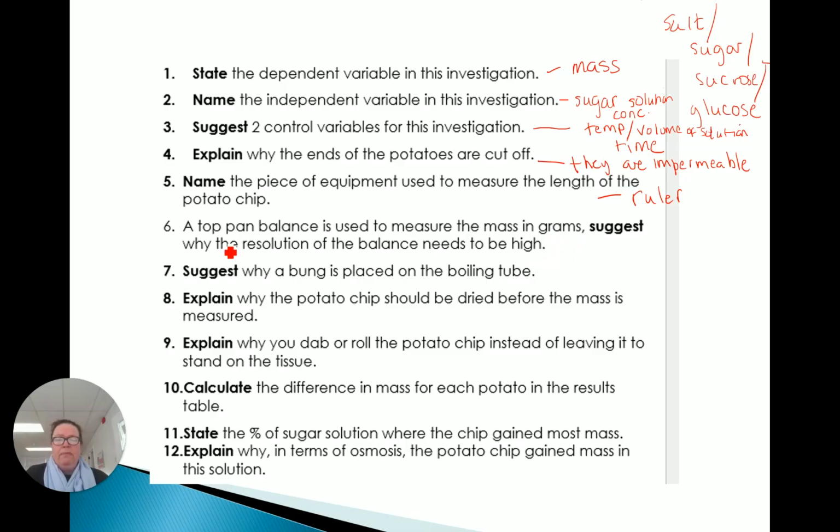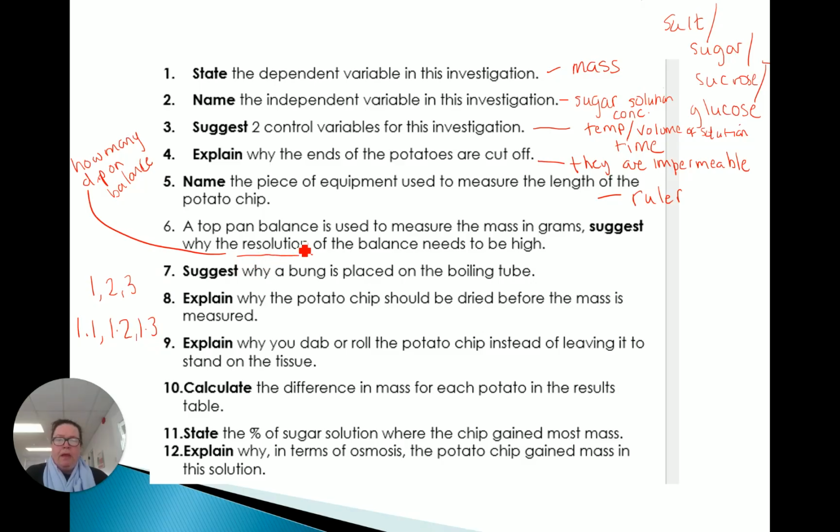Suggest why the resolution of the balance needs to be high. Now, if you're not sure what resolution is, it's basically how many decimal places there are on the balance. The higher the resolution, the more decimal places there will be. So if you have a balance that measures in whole grams, so you'd have 1 gram, 2 grams, 3 grams, that is a lower resolution, one that measures to 1 decimal place and so on.